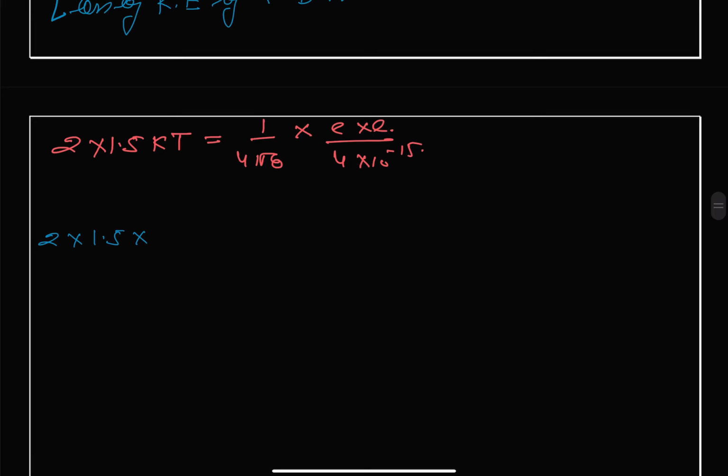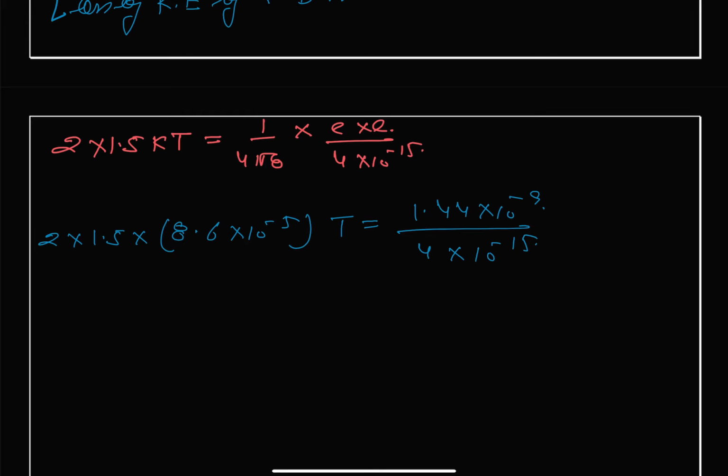So we can write this as 8.6 × 10^-5 multiplied by T will be equal to 1.44 × 10^-9 divided by 4 × 10^-15.